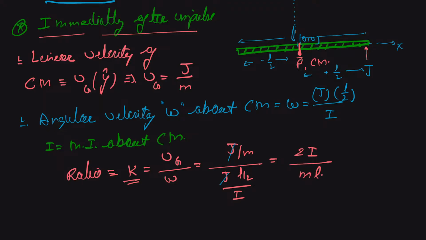This ratio provides a relationship between the linear speed, Vg, and the angular speed. That's the only purpose of this ratio.